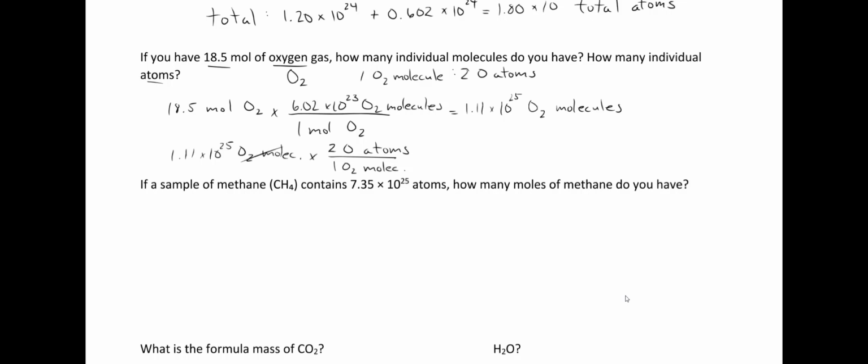So oxygen molecules cancel. And 2 times 1.11 is simply 2.22 times 10 to the 25th oxygen atoms.